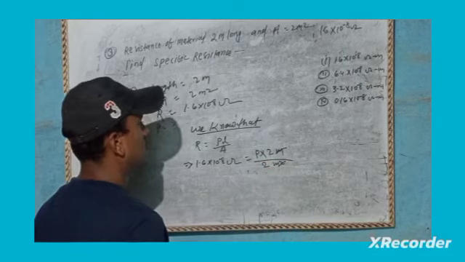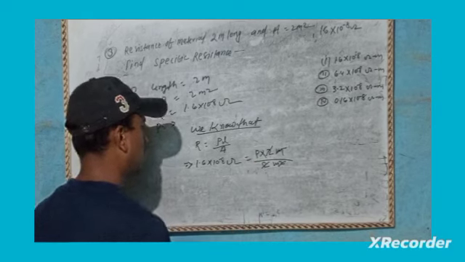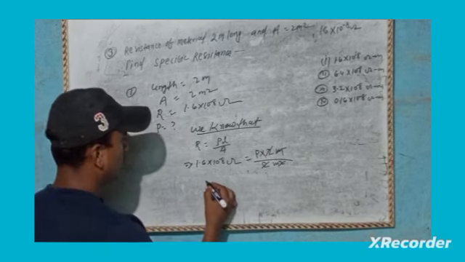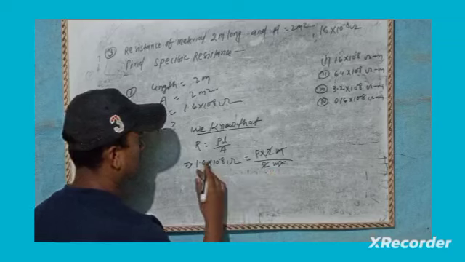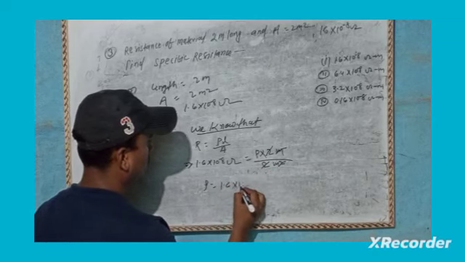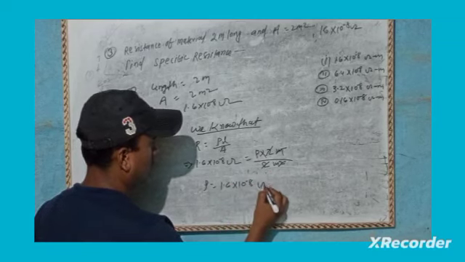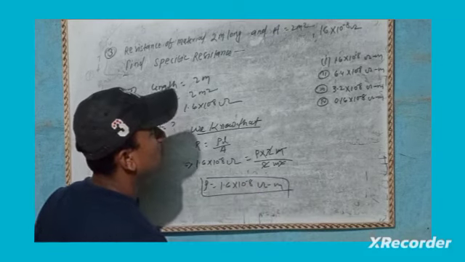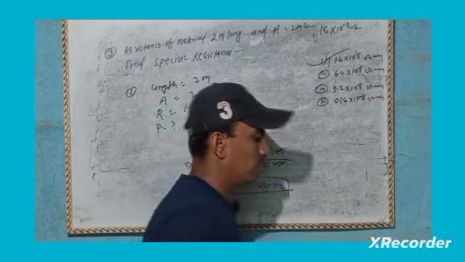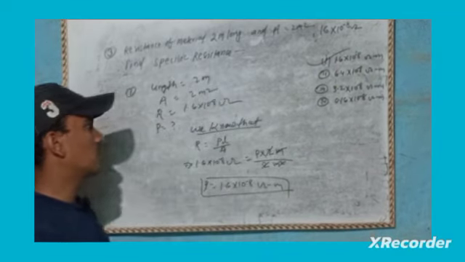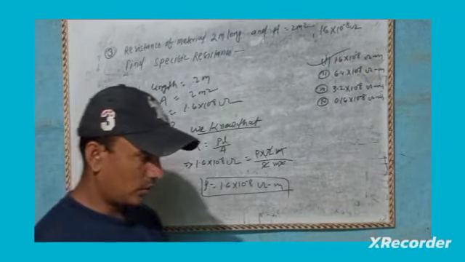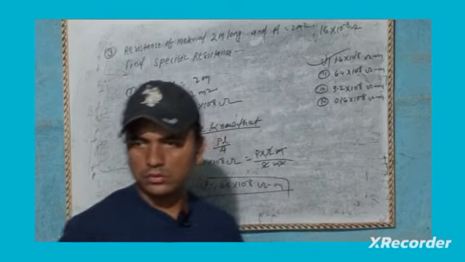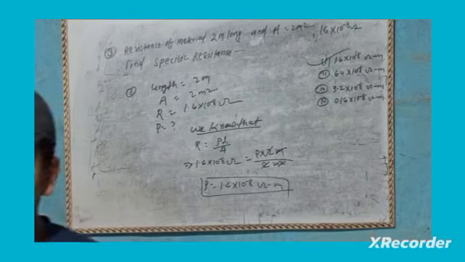Meter to meter cancel, 2 to 2 cancel. The resistivity is 1.6 times 10 to power minus 8 ohm meter. Which option matches? Option number first. Yes or no? Yes.